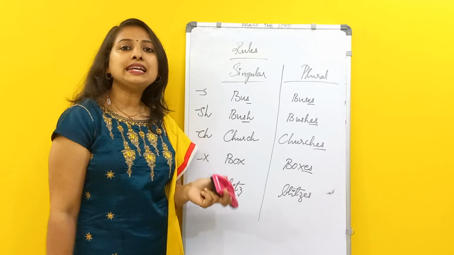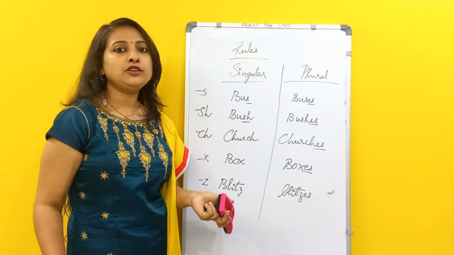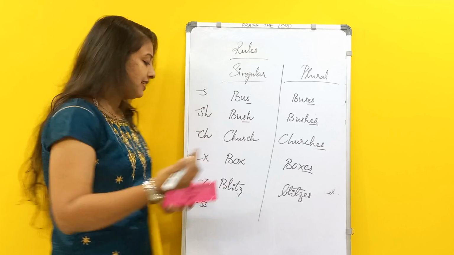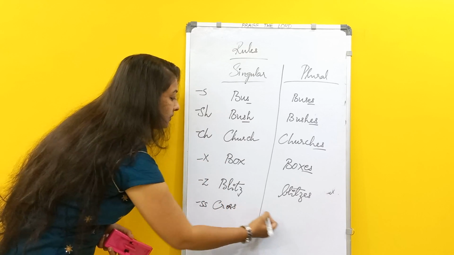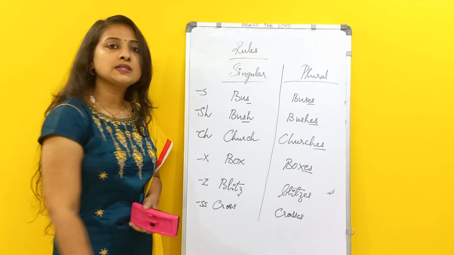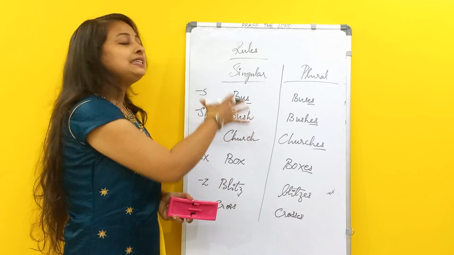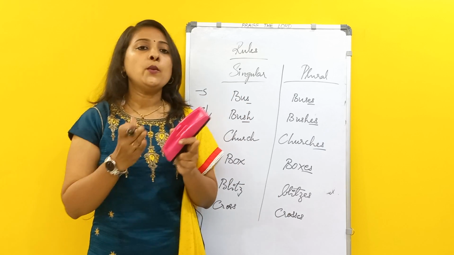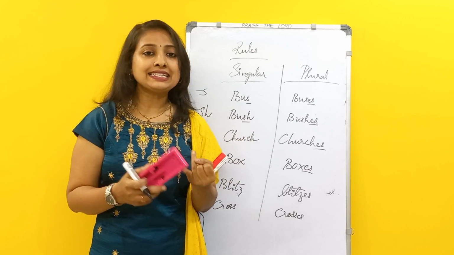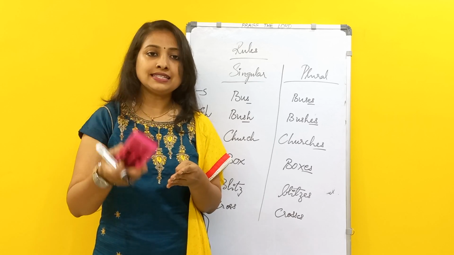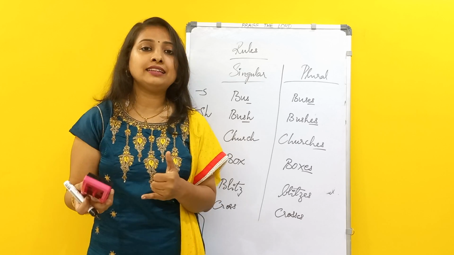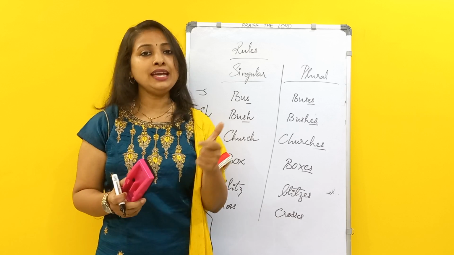If a noun is ending with SS, can you guess any word like cross, toss? So it will be crosses. So this is the second rule. What is the second rule? Whenever a singular noun is ending with any of the following: S, SH, CH, SS, X or Z, you will have to add ES at the end to make it into its plural form. Okay, that is the second rule.